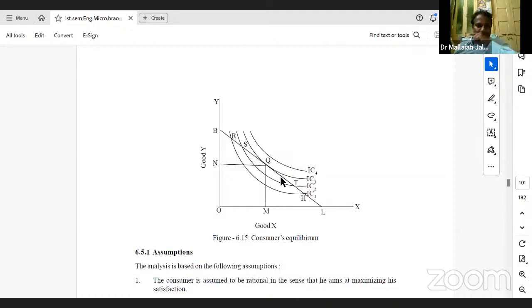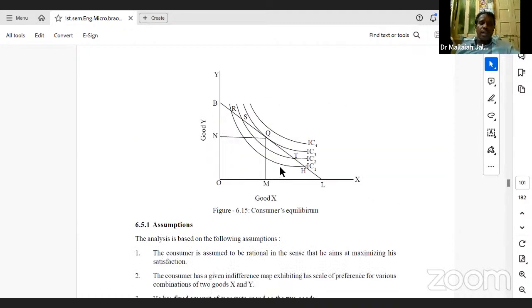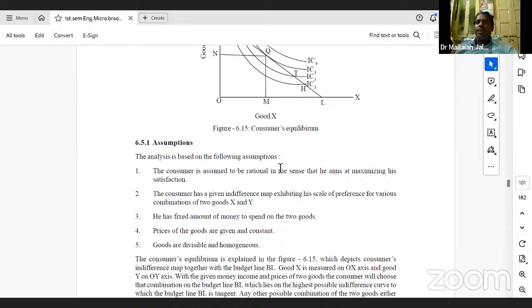So here, when we observe this diagram, before that, there are certain assumptions. Based on these assumptions, this can be understood easily. The first one is that the consumer is assumed to be rational. As I said, rational behavior of the consumer. What does it mean? If he is spending some amount of money, from that money he has to get the maximum level of satisfaction.